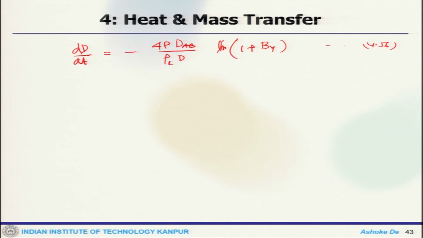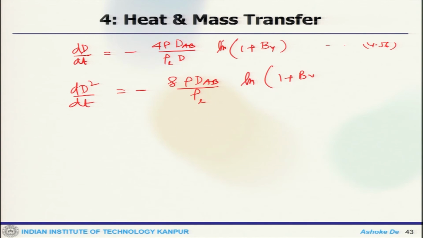This is more commonly expressed in terms of d squared. So, if you take d(d squared)/dt, this will be 8 rho D_AB by rho_L ln(1 plus B_Y). This tells us the time derivative of the square of the droplet diameter.